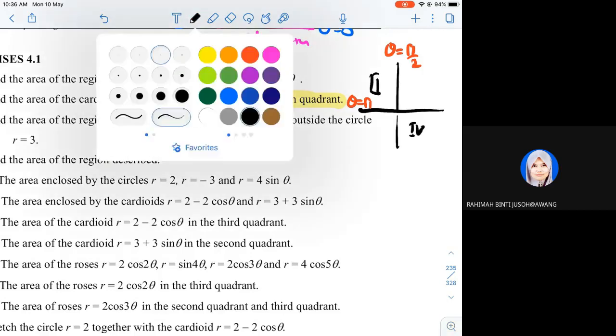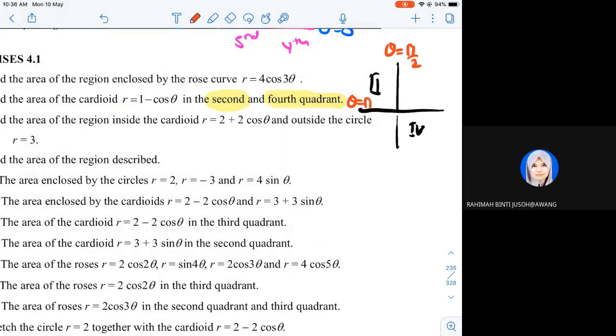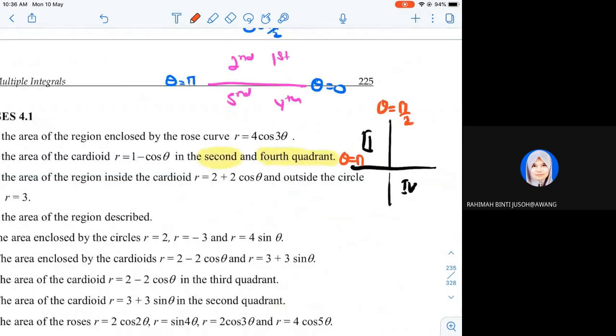So theta should be from, okay, kalau kita ambil ikut lawan arah jam, theta equals to 3 pi over 2 sampailah ke 2 pi lah. Ataupun kalau you nak ambil ikut arah jam, fourth quadrant would be from negative pi over 2 kan, dekat bawah ni.